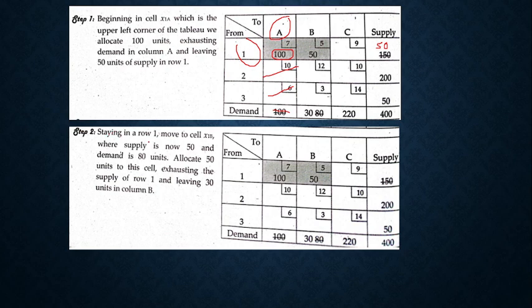So, ito, dito. Okay? So, staying in row 1, move to cell X sub 1B. Okay, move tayo dito. Where supply is now 50. Diba, meron silang remaining na 50 dito. Nag-minus tayo ng, sa 150, nag-minus tayo ng demand ni company A na 100. Okay, 150 minus 100, diba? 50 yung remaining. Okay? So, now, the demand is 80 units. So, yung demand ni company B, they need, diba?